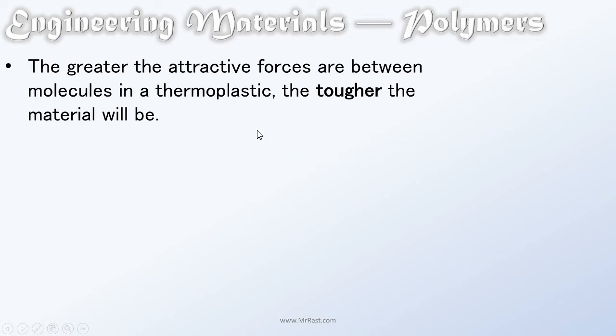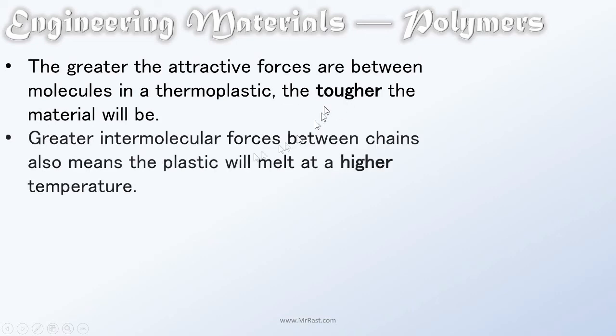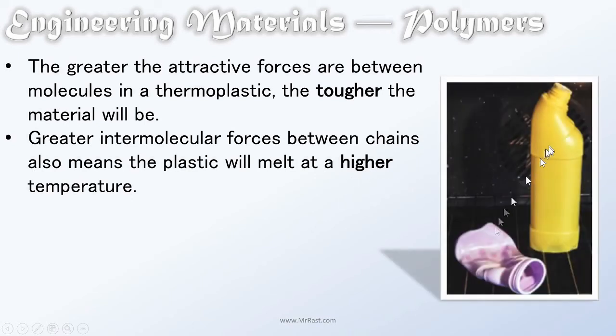So what this is saying is the stronger the attractive forces, the more those chains are attracted to each other, the tougher the material will be. The greater intermolecular forces between the chains also means the plastic will melt at a higher temperature. So if you have strong intermolecular forces, it's going to take more heat before you can break that apart, before it will melt.